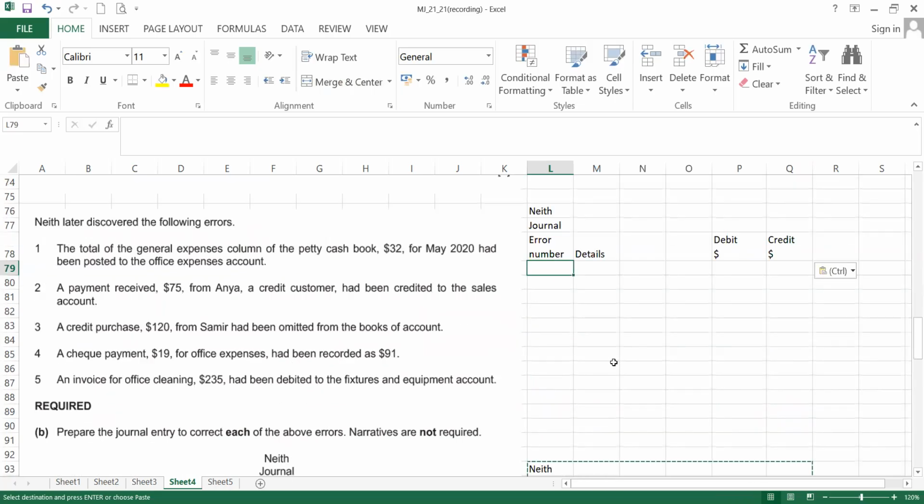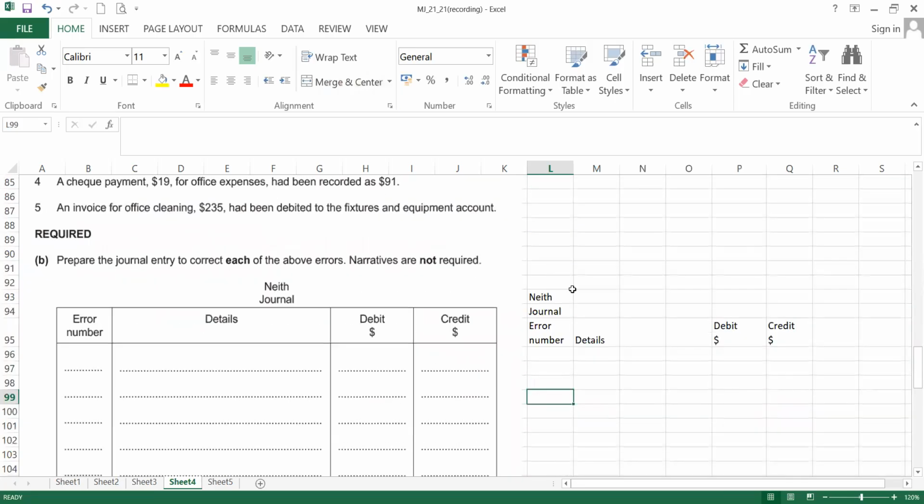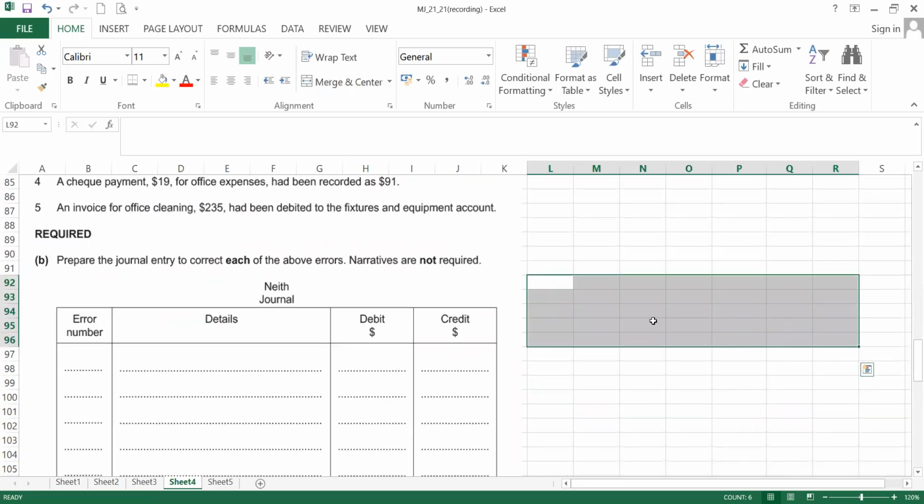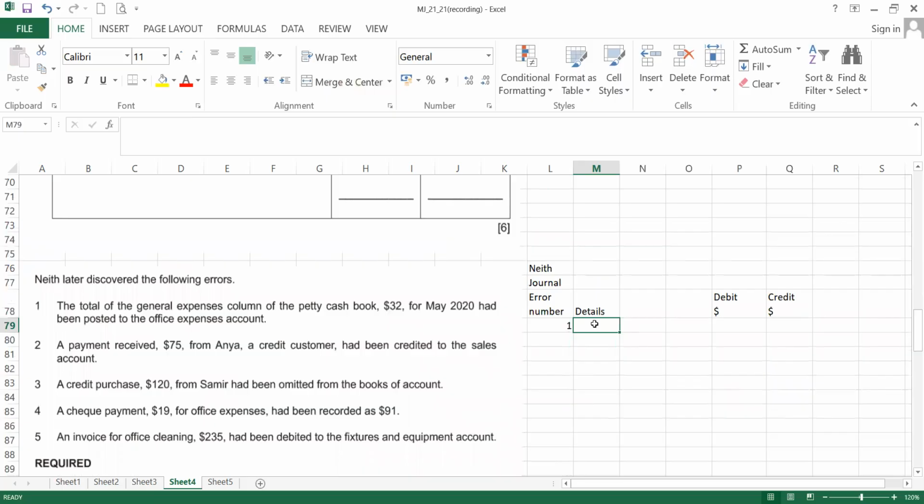Number 1: the total of general expenses column of the petty cash book for May 2020 has been posted to the office expenses. This is the same class but the wrong account. This error is called an error of commission.